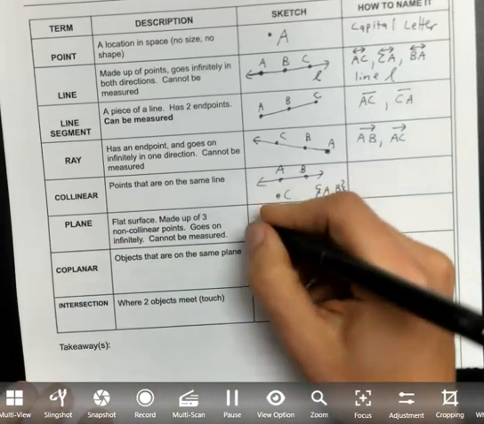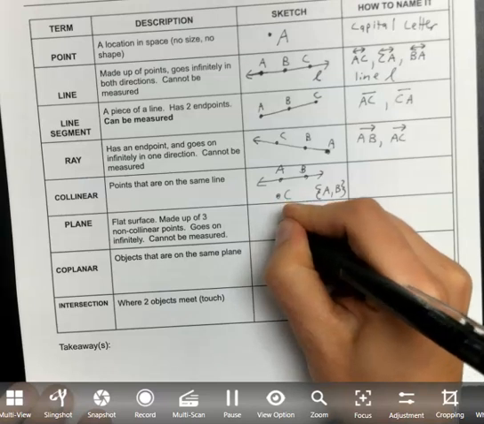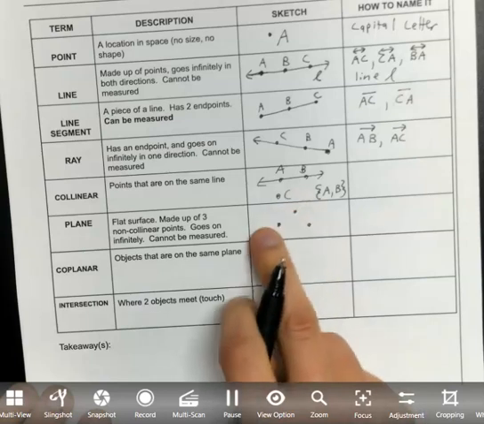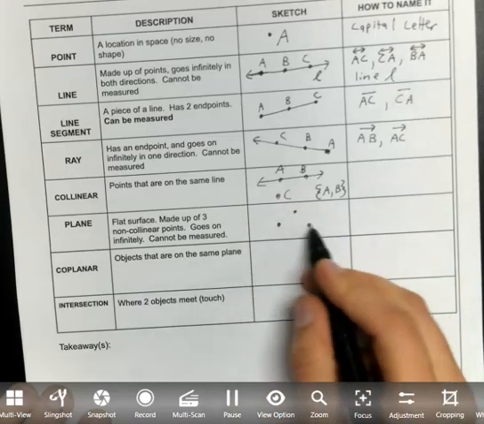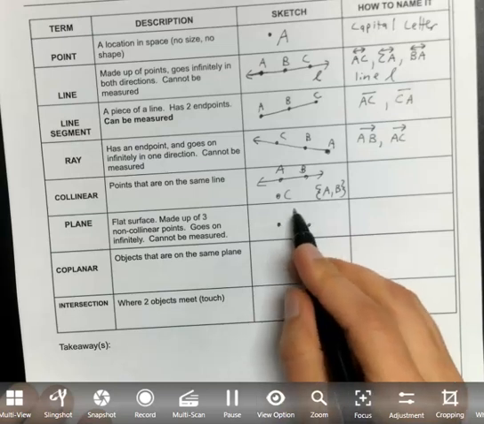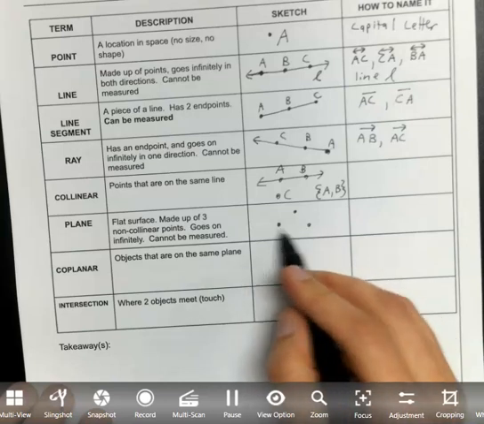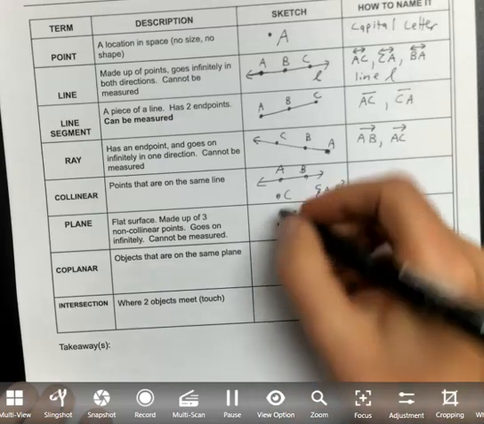A plane is a flat surface made up of 3 non-collinear points. So let's see, if I have these 2 points, they are collinear because I can draw a line through them. All 3 are not collinear because I can't draw a line through all 3. I can only draw a line this way, or this way. I can't include all 3 on the same line.